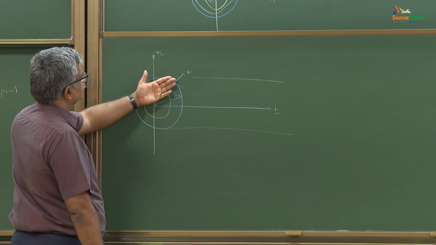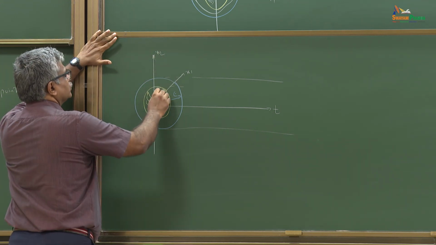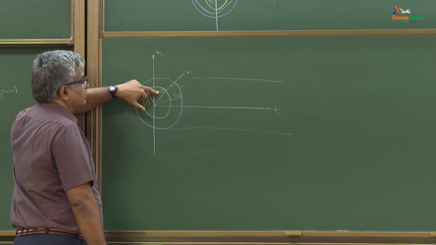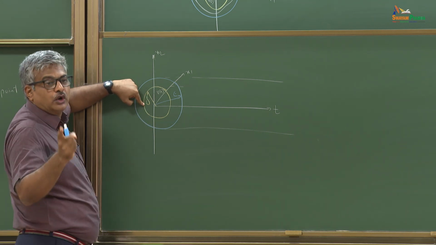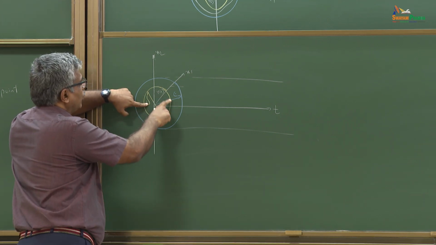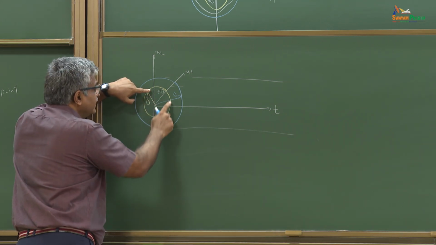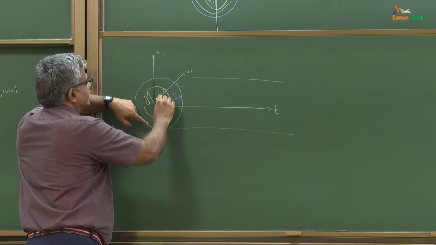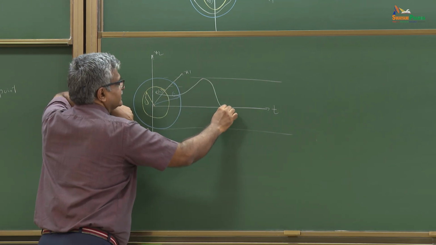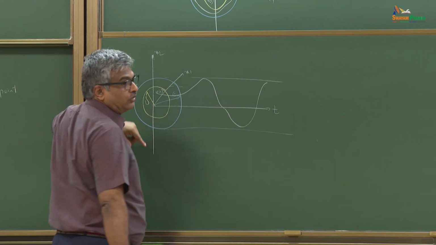So in this x1, x2 plane, you choose some x0 in the delta ball, and this delta is something which you have to design given the epsilon. The design should be such that for any initial condition in this delta ball, the trajectory is trapped in this epsilon ball.